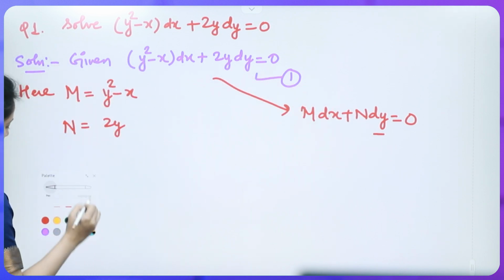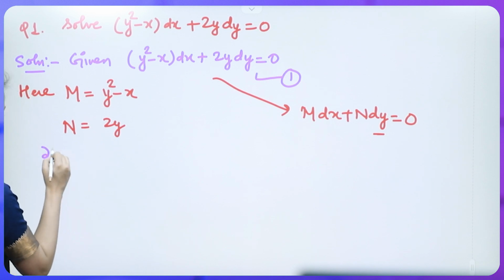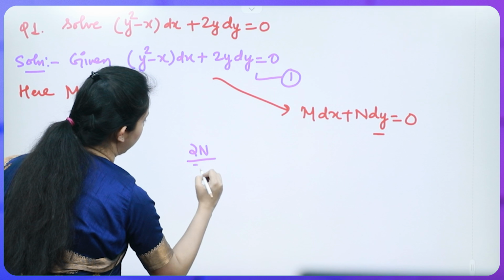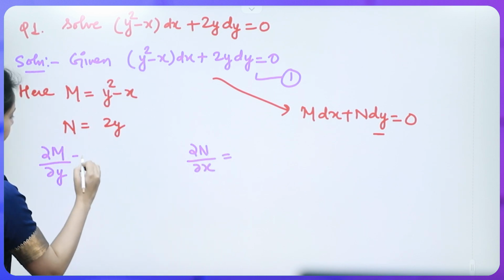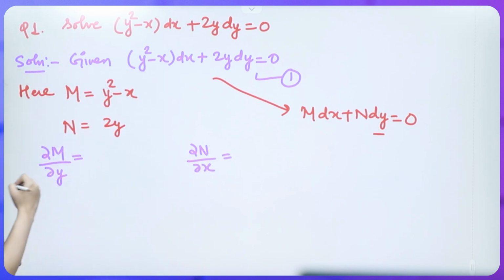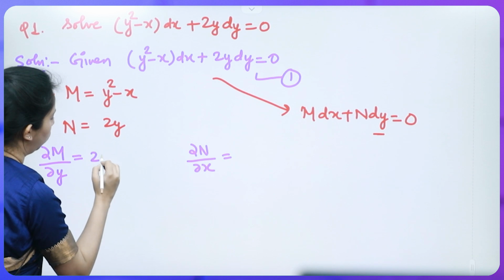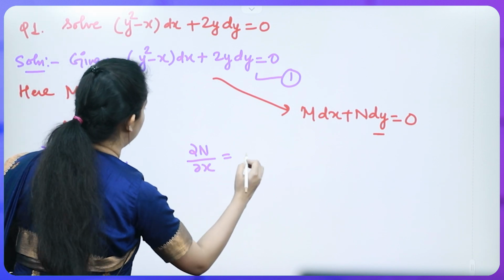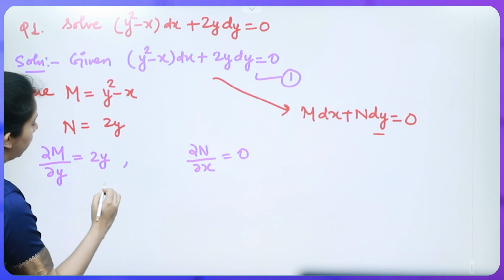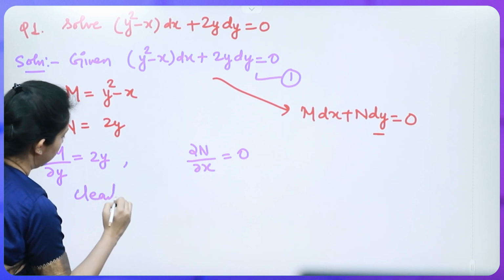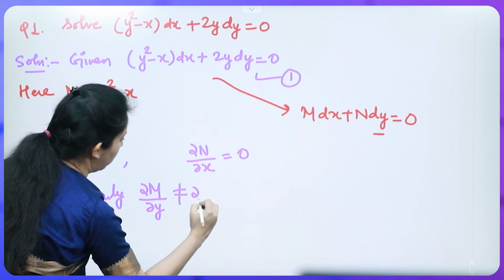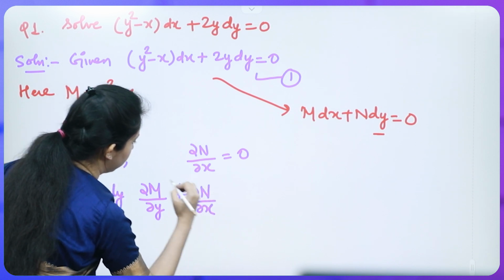Next step is to partially differentiate M with respect to y and partially differentiate N with respect to x. While differentiating M with respect to y, we get 2y, and while we differentiate N with respect to x, we get 0. So, clearly we can see that del M upon del y is not equal to del N upon del x.